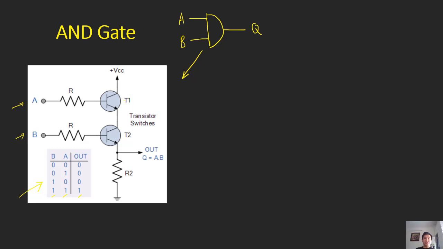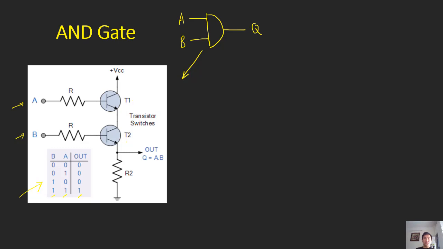For transistor T1, A equals 1 means the voltage level is high, and the voltage level at B is high. So transistor T1 is open, and transistor T2 is open.